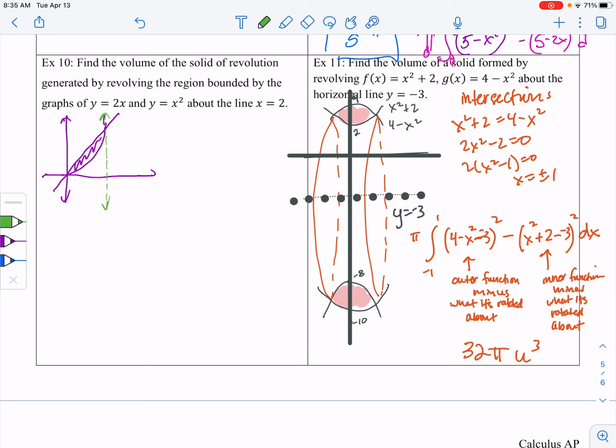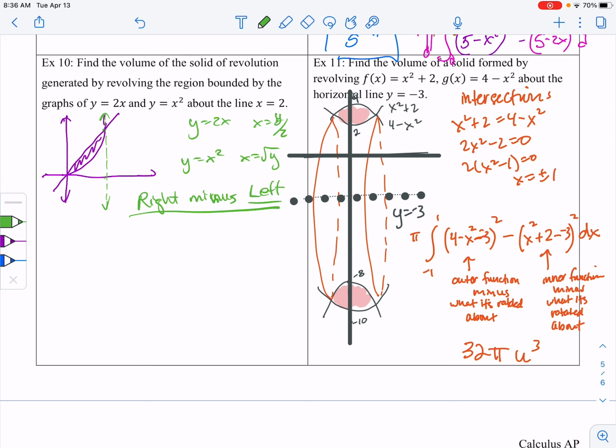So it's parallel to the y-axis, so I have to solve those equations for x and then do my right minus left. I'm given y equals 2x. If you solve for x, you get x equals y over 2. This one is y equals x squared, so x is equal to the square root of y. Remember, always do right minus left. Right minus left. Always.